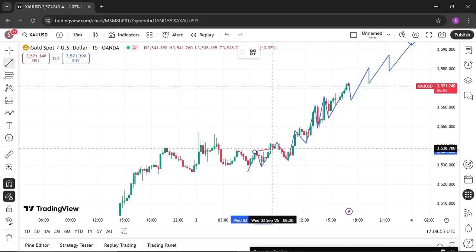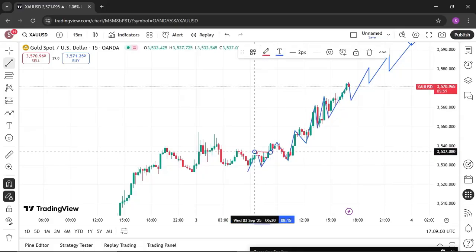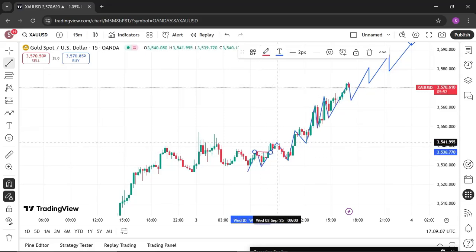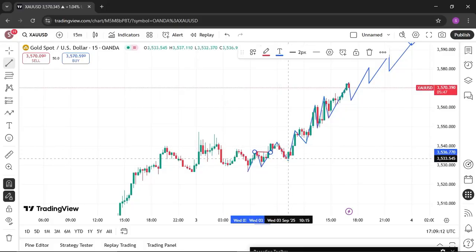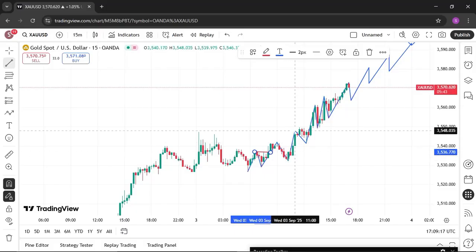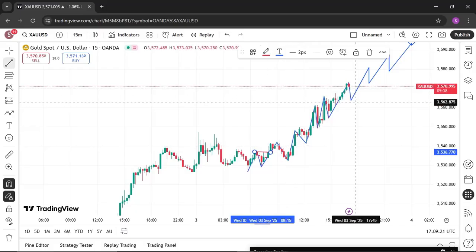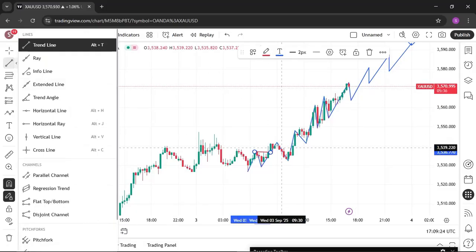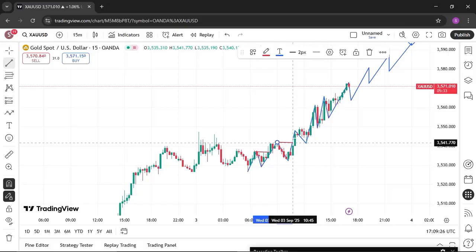If market is not moving in an uptrend, it is not supposed to break this area, but market broke this area and moved to this point before coming back for a retest. Then after retesting to this point, it moved upward to this point. It also broke this zone. So this is another break of structure here.